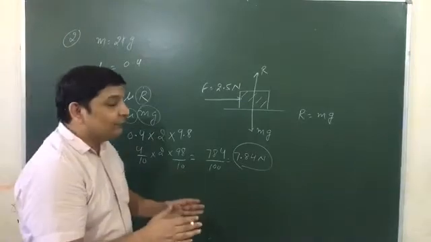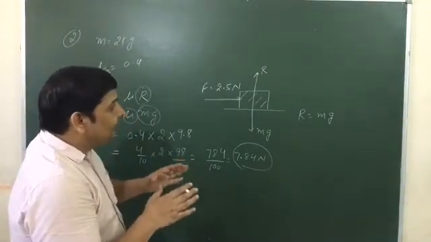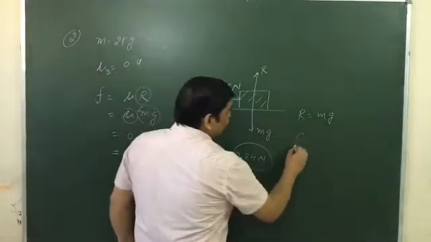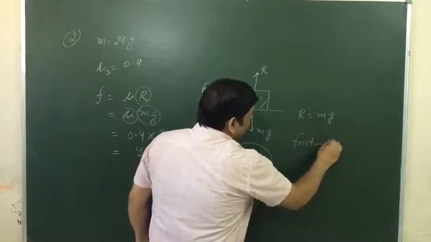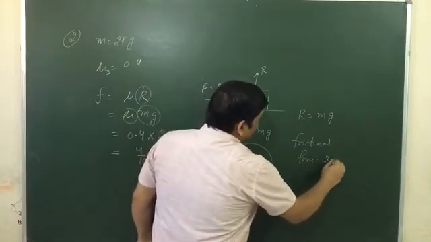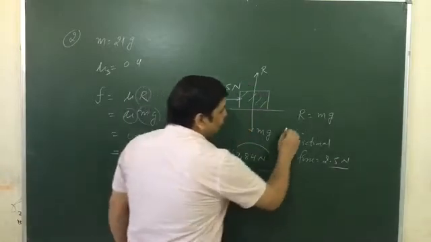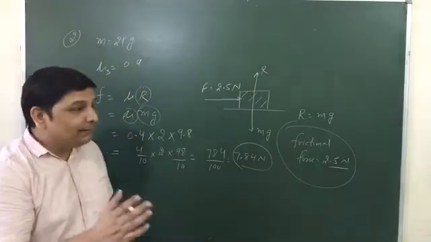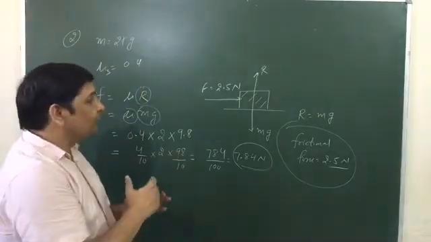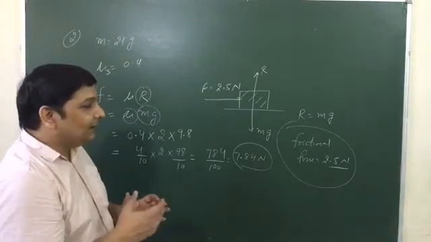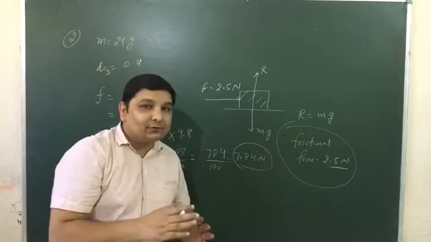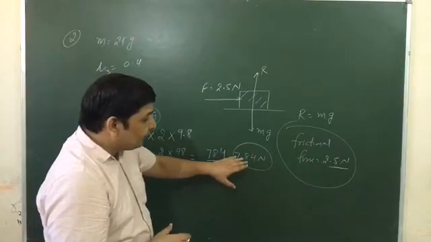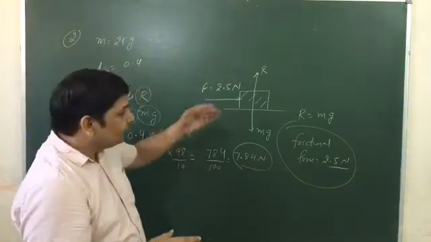Therefore, frictional force in this case will be equal to 2.5 Newton. 7.84 is the limiting force of friction, but in this situation, when a force of 2.5 Newton is applied, frictional force will also be equal to applied force. 7.84 is not the frictional force for this situation.